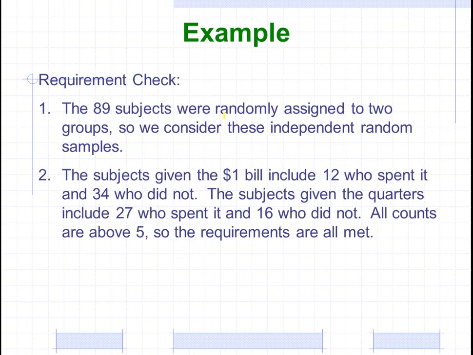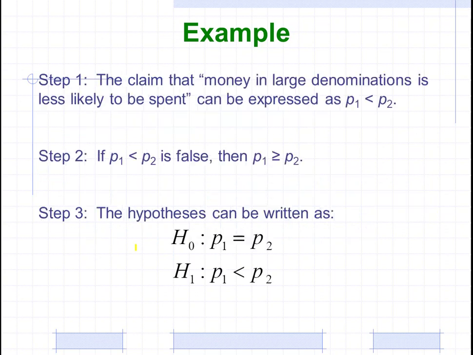And let's check it. They were randomly assigned, and so we consider them independent. And then we have 12 successes and 34 failures, 27 successes, 16 failures. So in other words, we've had at least 5 successes and failures in both groups.